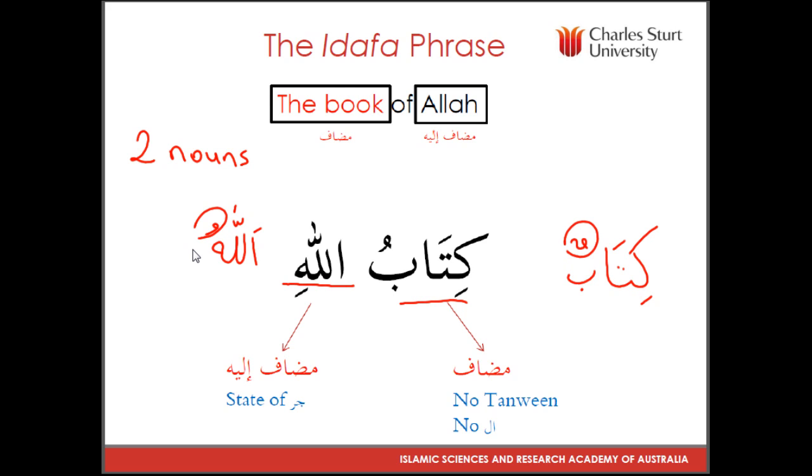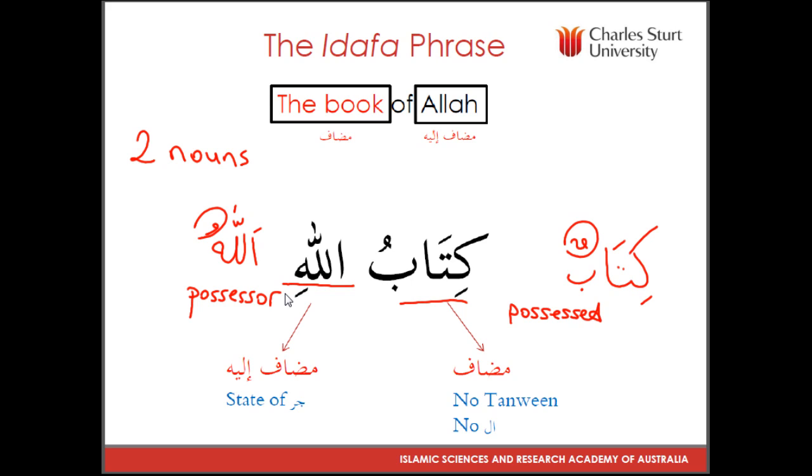But when we make possessive case, when we put these two together and make it a phrase, the first one is possessed and the other one is the possessor. This combination becomes mudaf and mudaf ilayh.